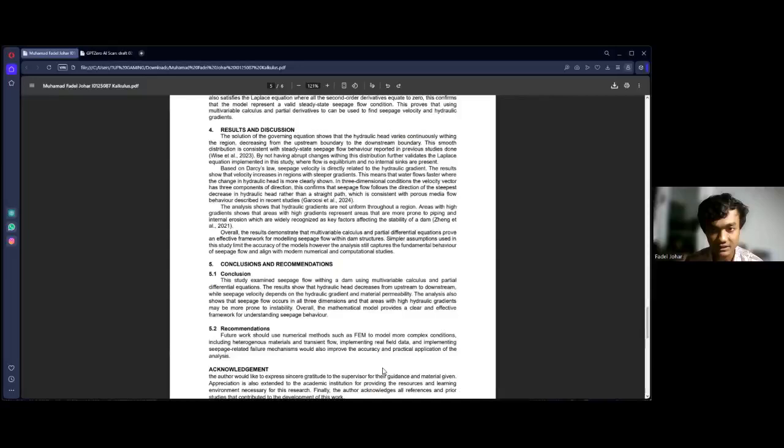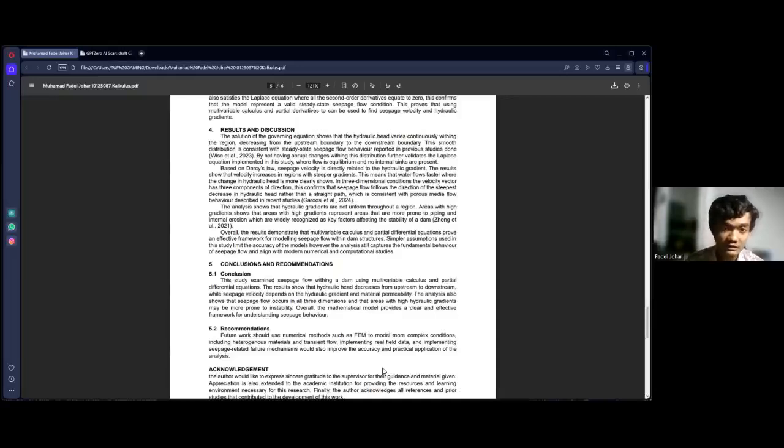In 3-dimensional conditions, the velocity vector has 3 components of direction. This confirms that seepage flow follows the direction of the steepest decrease in hydraulic head, rather than just a straight path, which is consistent with porous media flow behavior described in recent studies as well.